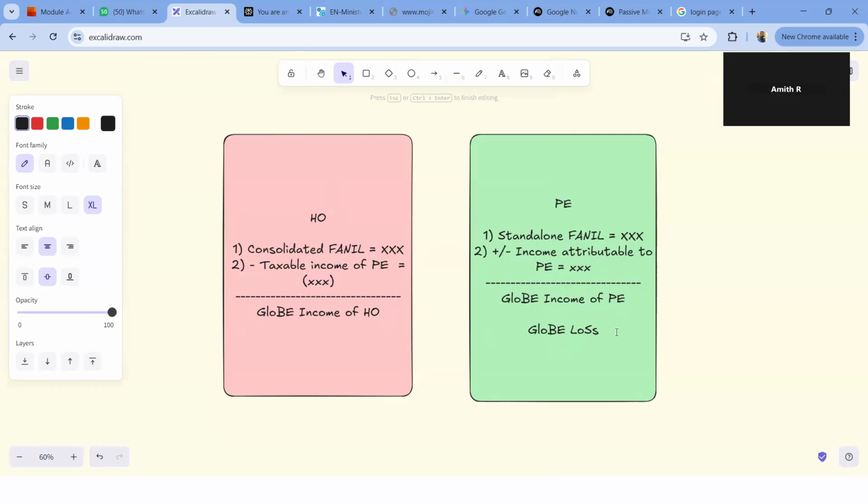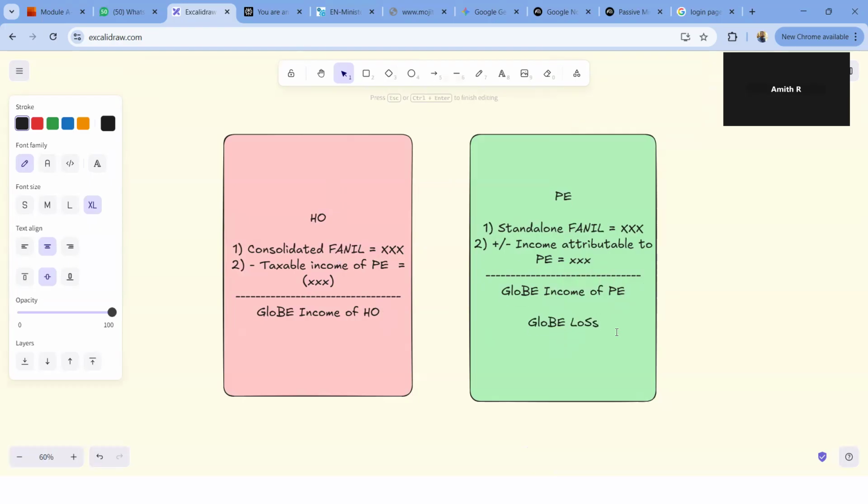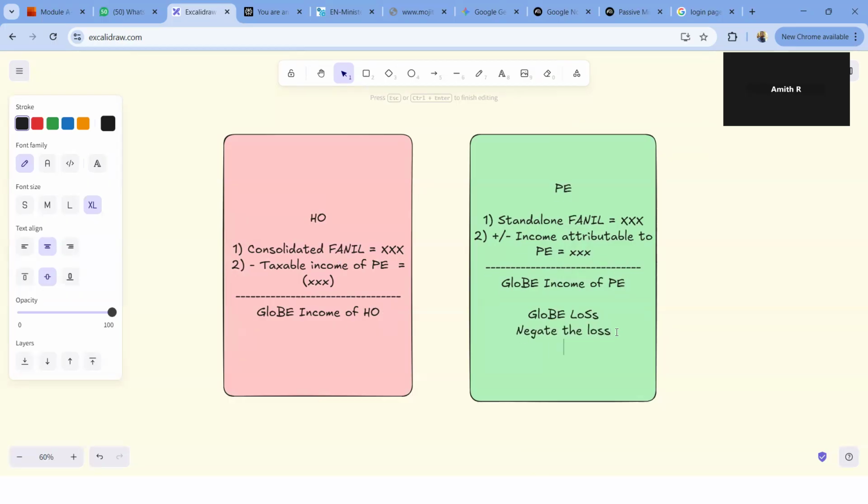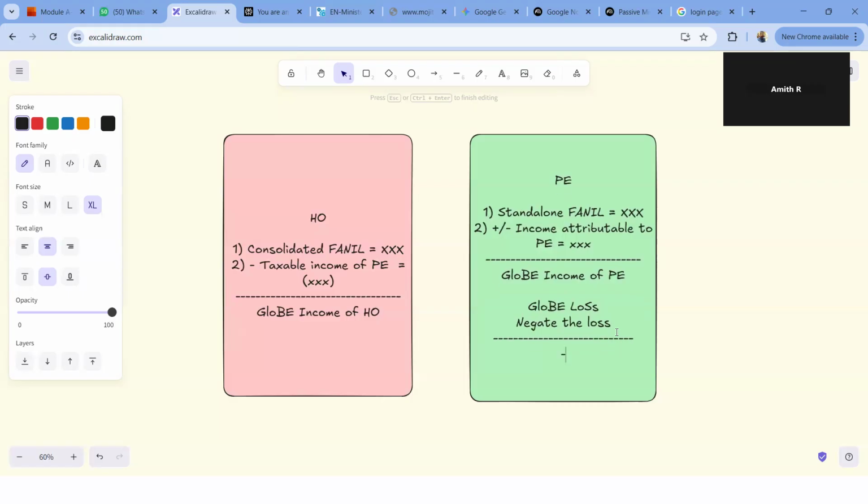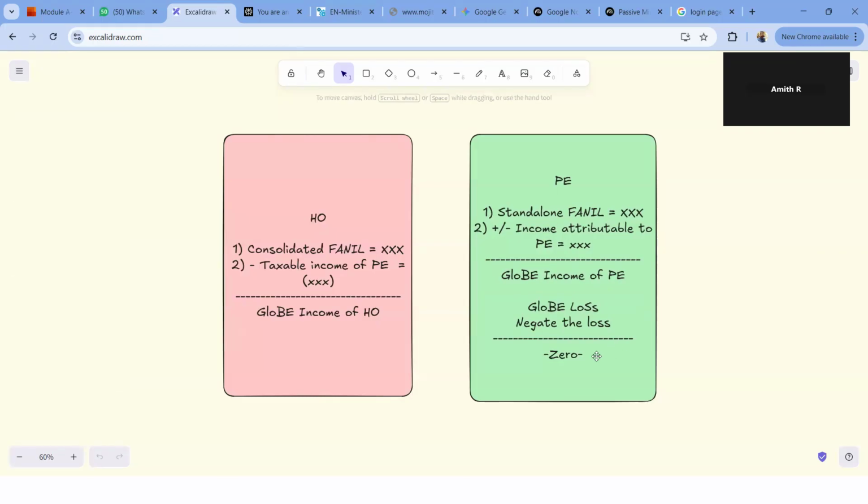If it is a loss, you can't carry forward anything. You will negate the loss. So basically your globe income for that year would be what? Your globe income will not be negative. Rather, PE will always have a zero.